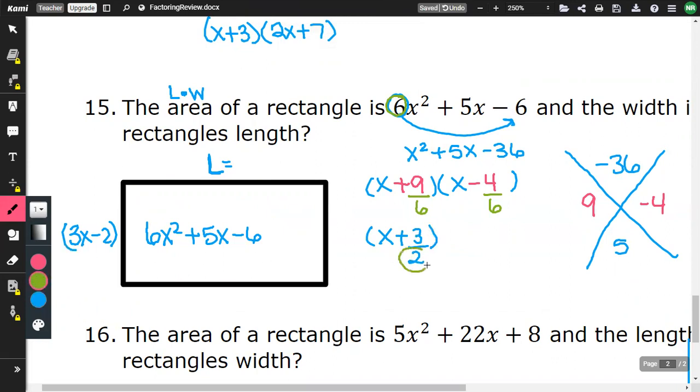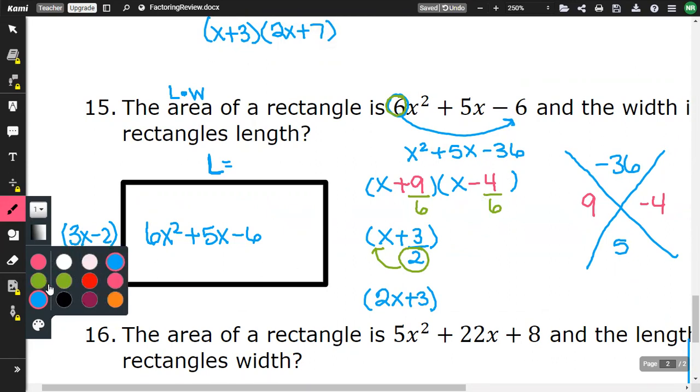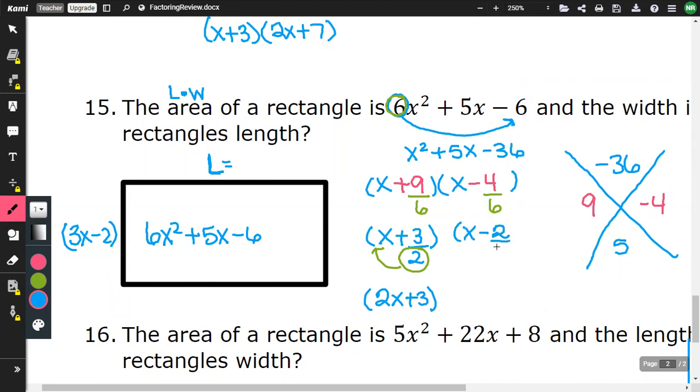So I'm going to grab the 2, move it to the front. The first binomial becomes what? 2x plus 3. Now, since 2x plus 3 is not the same as 3x minus 2, I'm assuming this one's going to give me 3x minus 2, but let's keep going. What is negative 4 over 6? x minus 2 over 3.